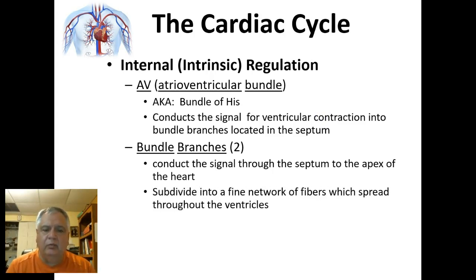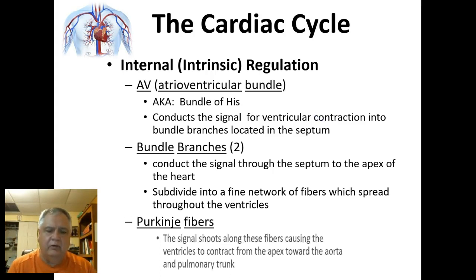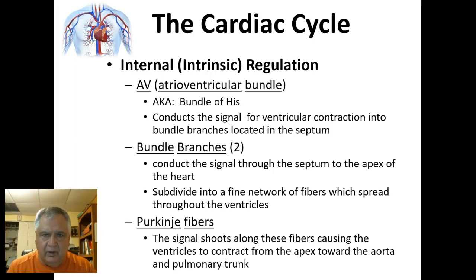Eventually, the bundle branches will subdivide into a fine network of fibers which spread throughout the ventricles. This fine network of fibers is referred to as the Purkinje fibers. The Purkinje fibers then will allow the signals to shoot back out into the muscle tissue and stimulate contraction of the muscle fibers within the cardiac muscle tissue.